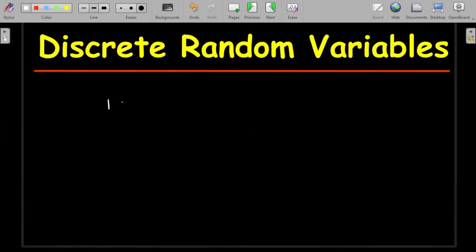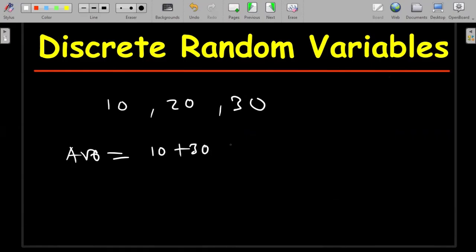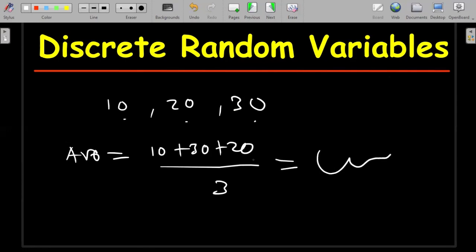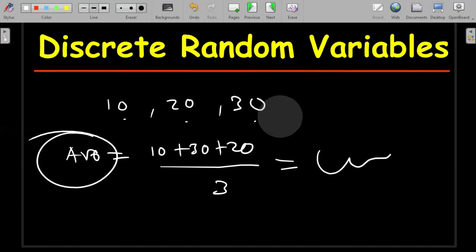For example, if I have 10, 20, and then 30, and I tell you to find the average of this, you're just going to say the average is 10 plus 30 plus 20, and then I divide by how many they are: 1, 2, 3. So 3. Then you find whatever you find here. So this average, under discrete random variables, we're going to be calling the expected value of x. So you're simply finding the mean or the average.